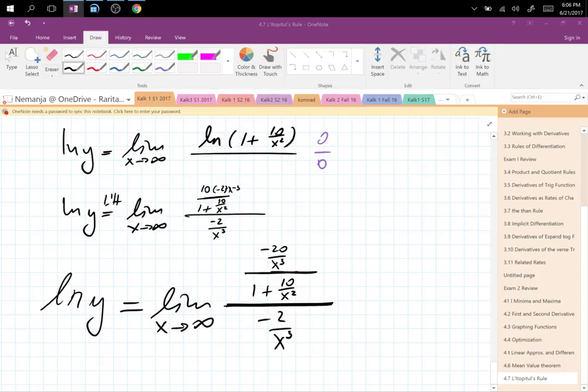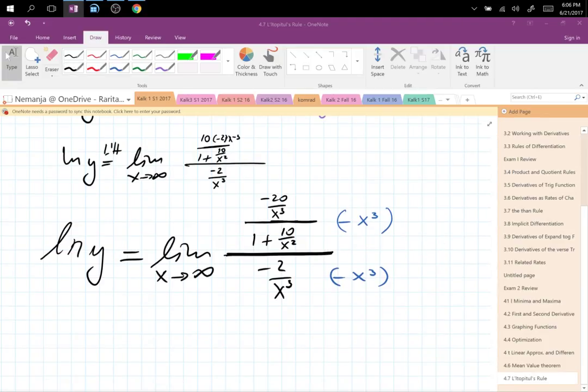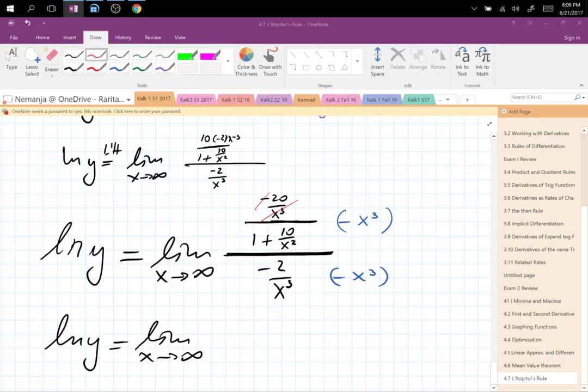So I'm going to multiply by negative x cubed first, and that will cancel the negative and the x cubed and the negative and the x cubed.